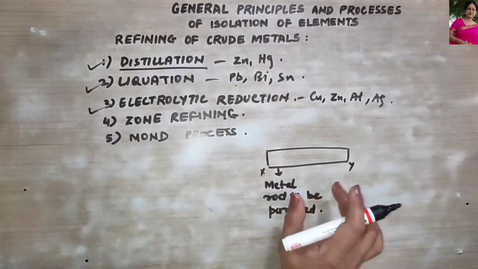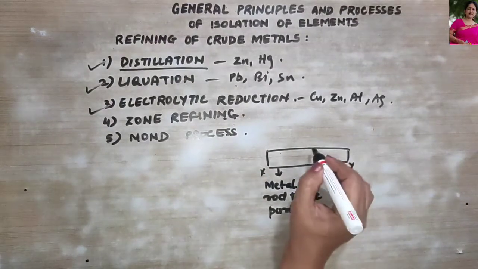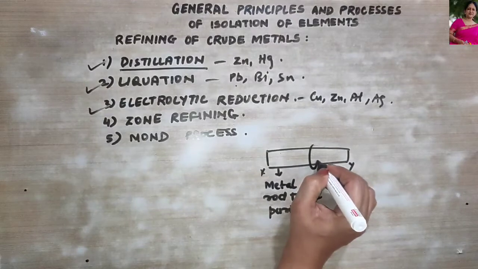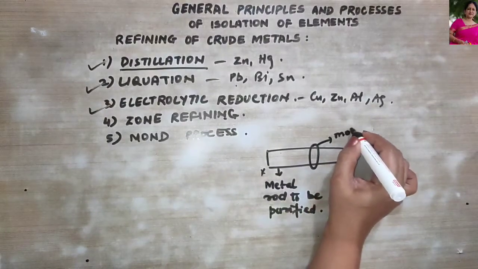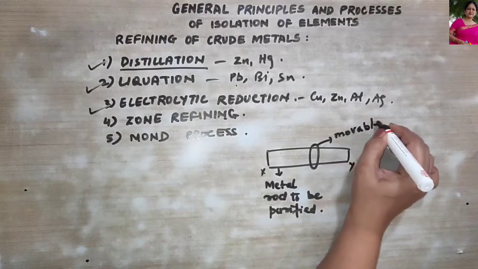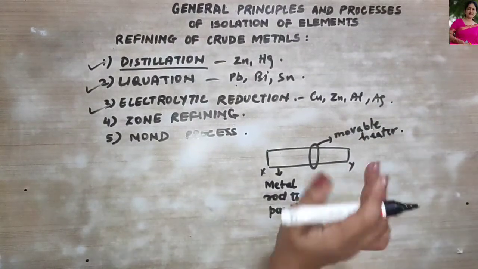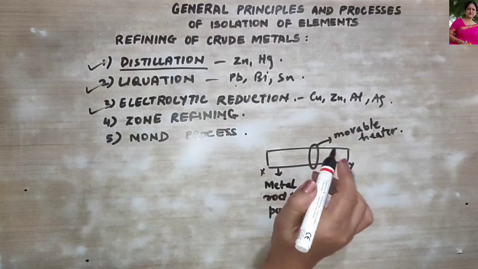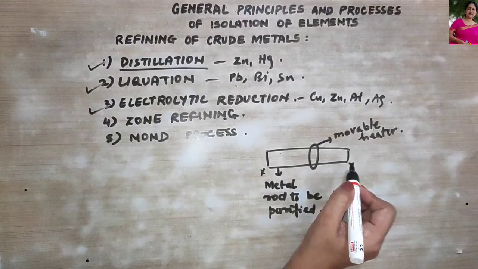A movable heater is attached to one end of the metal rod. Suppose this is your movable heater. So this heater moves from one end X towards the end Y.